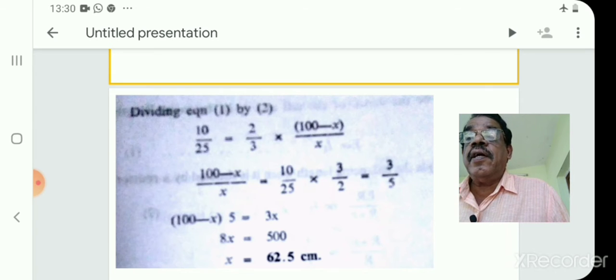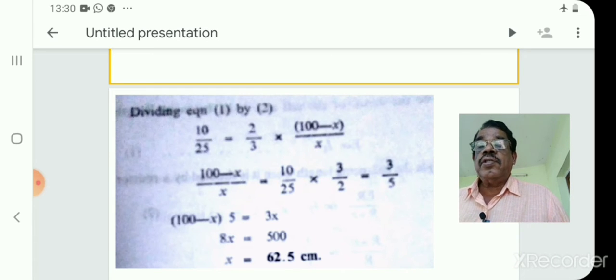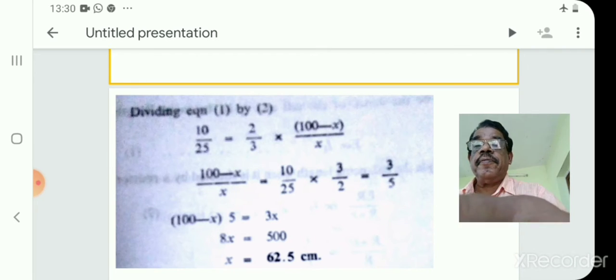On division we get 10 by 25 is 2 by 3 into 100 minus x by x. That we cross multiply and simplify. We get 8x is equal to 500, x is equal to 62.5 centimeter. The calculation is very simple. So the balance length for 25 ohm is 62.5 centimeter.